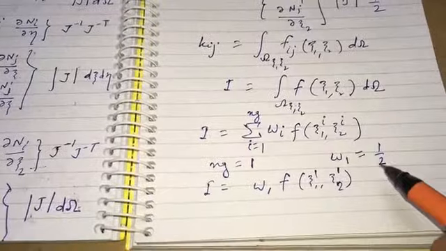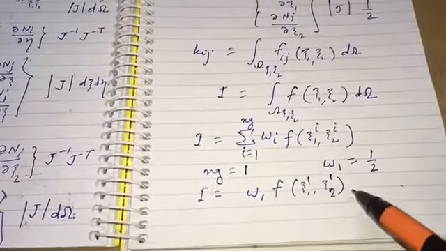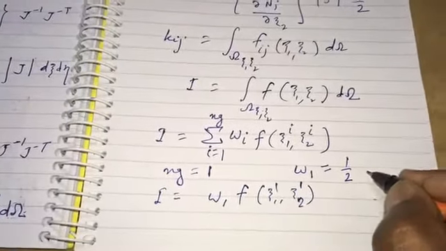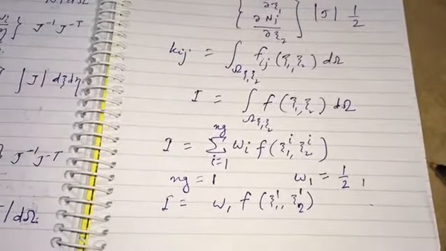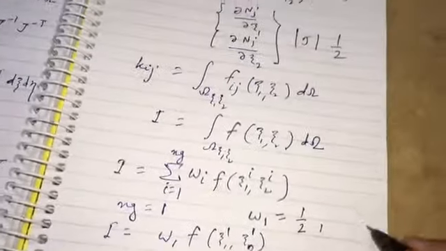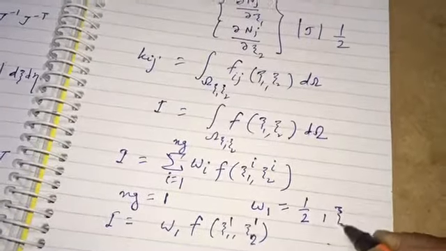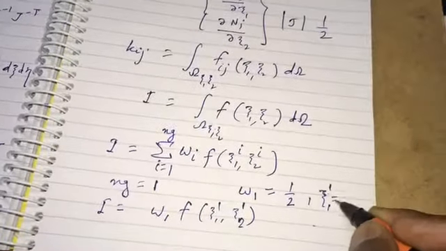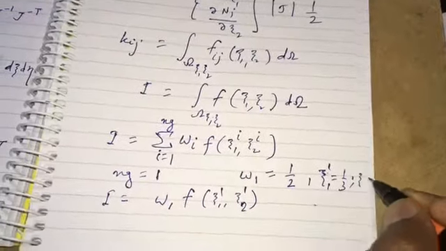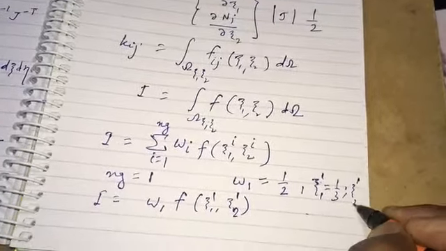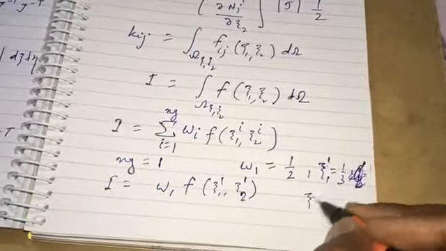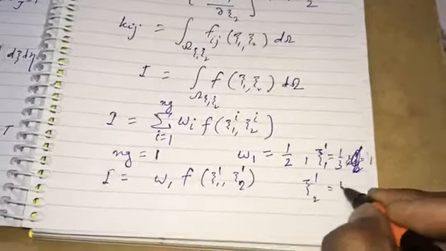So w1 equals half, and then what are ξ1 and ξ2? This has to be the centroid. For the centroid we have ξ1 1 equal to 1/3, and ξ1 2 also equal to 1/3.